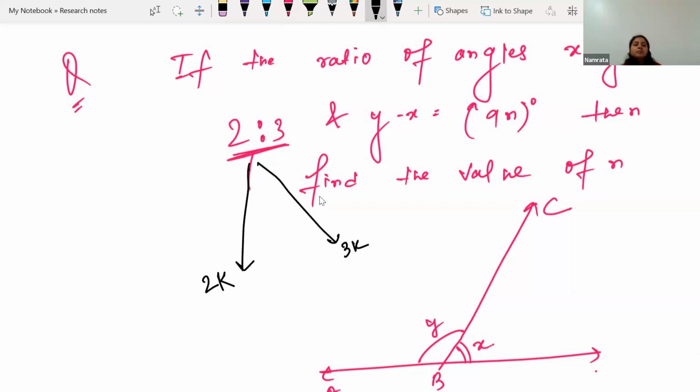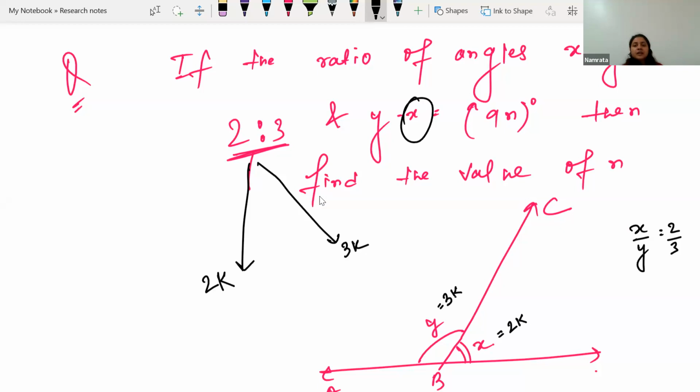Why am I taking k? Because x is already there. If you take x and x again, it will create confusion, right? So I can say if the ratio of x to y is given as 2 is to 3, then we can take x as 2k and we can take y as 3k. Okay? Is it clear so far?